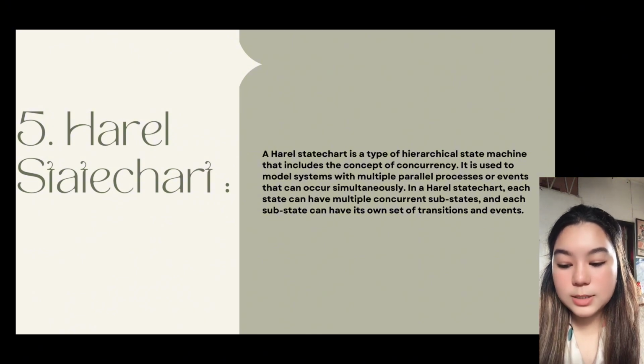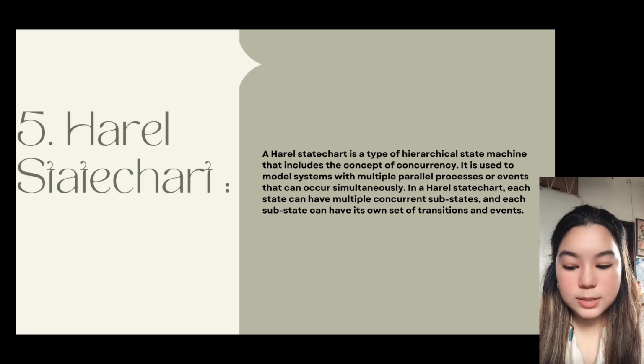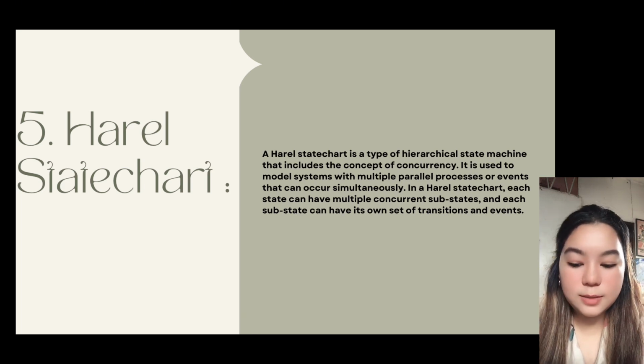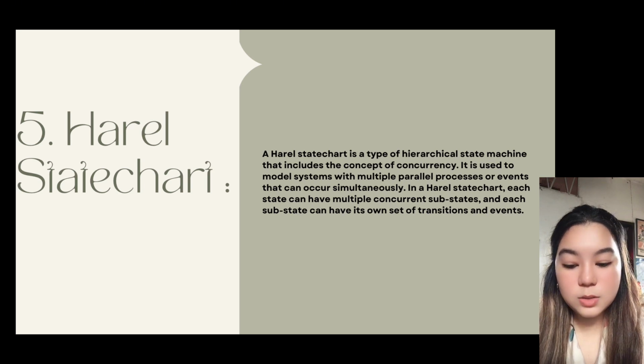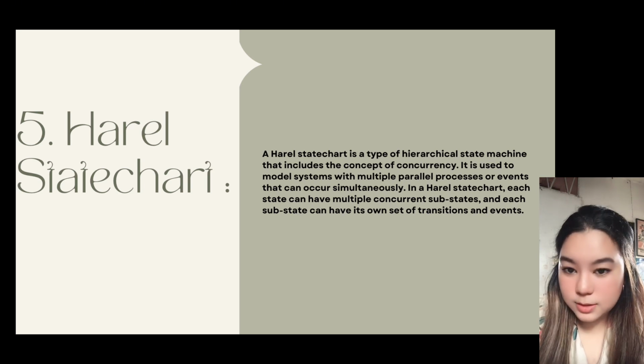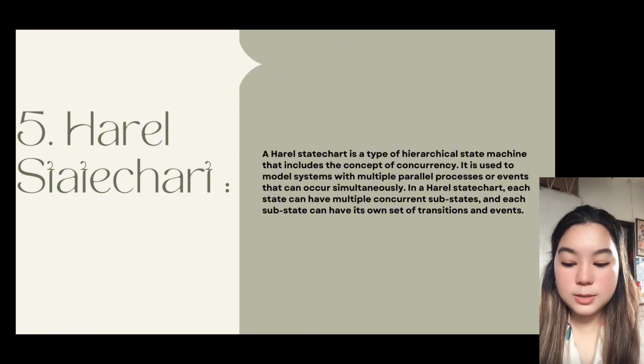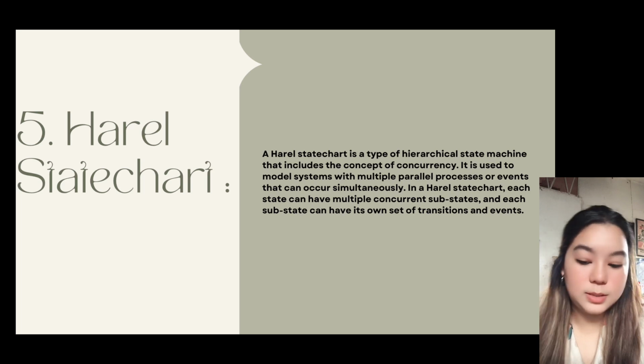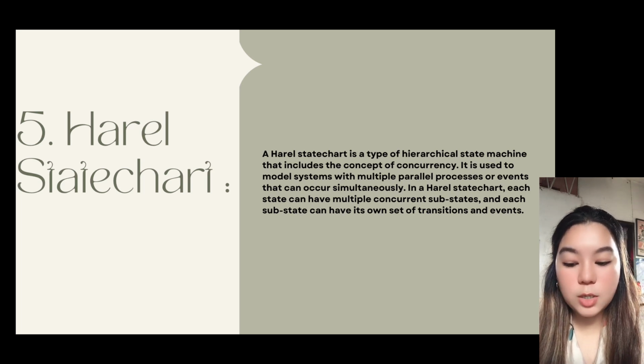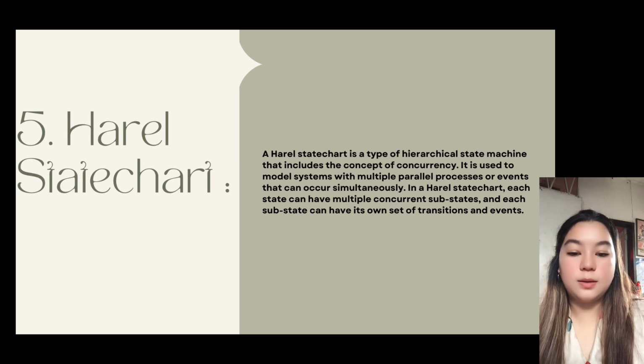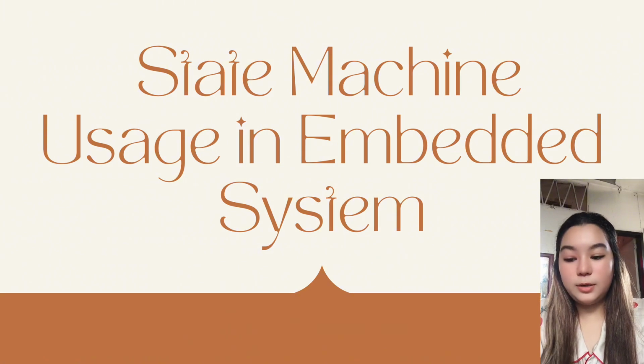In a Harel statechart, each state can have multiple concurrent substates, and each substate can have its own set of transitions and events. And this type of state machine is useful in modeling complex systems with multiple parallel processes or events, such as real-time control systems. So next, we have here state machine usage in embedded systems.